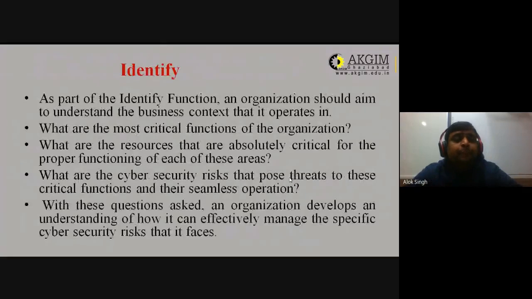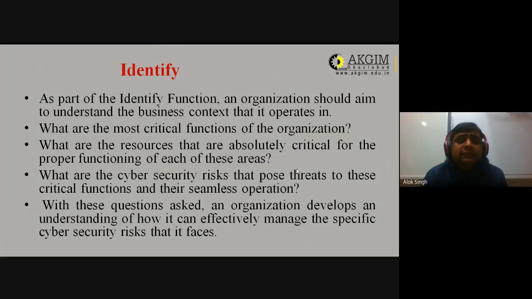First is identify. As a part of the identify function, an organization should aim to understand the business context that it operates in. Okay, so what are the most critical functions of the organization that you should decide? And what are the resources that are absolutely critical for the proper function of each of these areas? And what are the cybersecurity risks that pose threats to these critical functions and their seamless operations? Means you are continuously maintaining your business process related database.